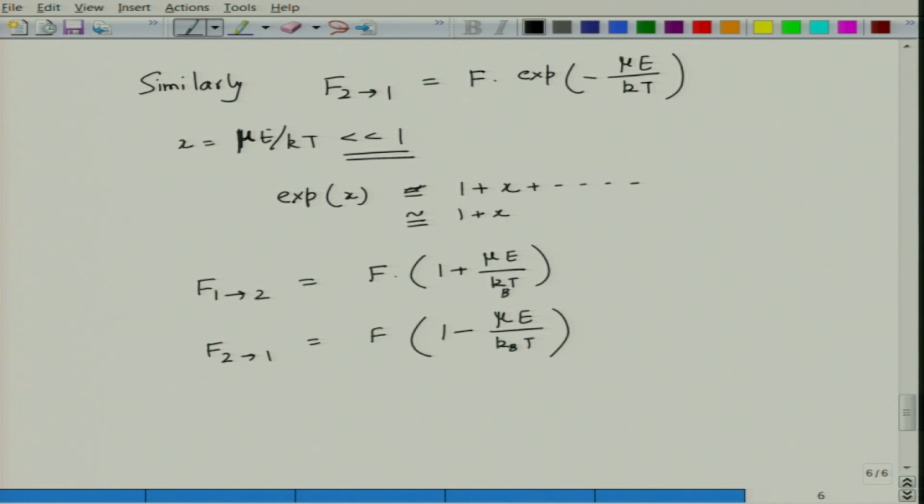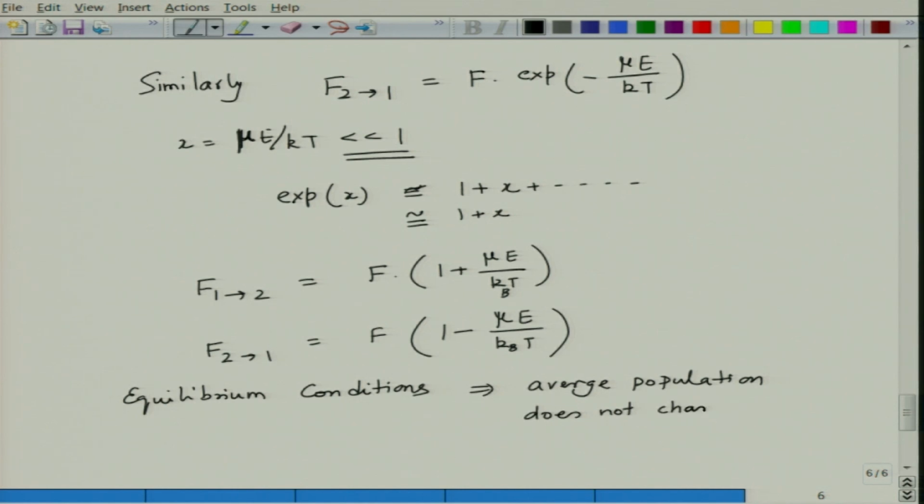Now, under equilibrium, let us say we have equilibrium conditions. That will mean that the average population does not change with time, right? Average population at a given site will not change with time.